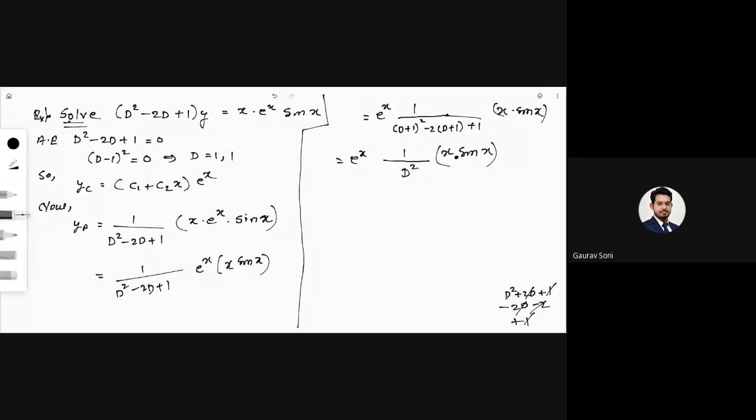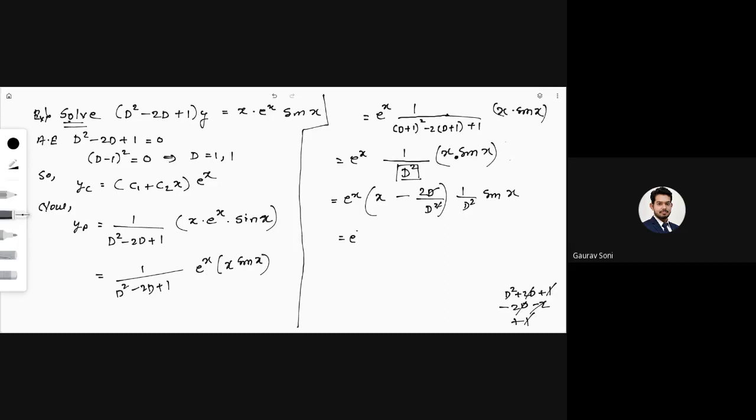So we'll use rule number 6. Rule number 6 says that in bracket x minus, what is your phi of d? Phi of d is d square. Take the derivative of phi of d, this 2d upon d square, bracket complete, 1 upon d square sin x. This is rule number 6. One d will get cancelled out here.